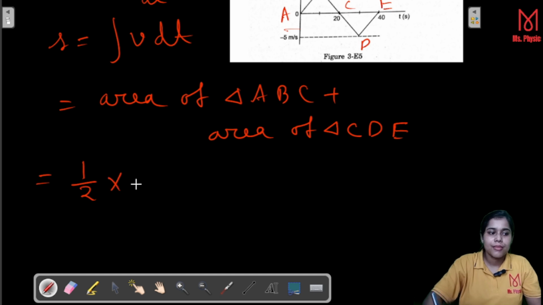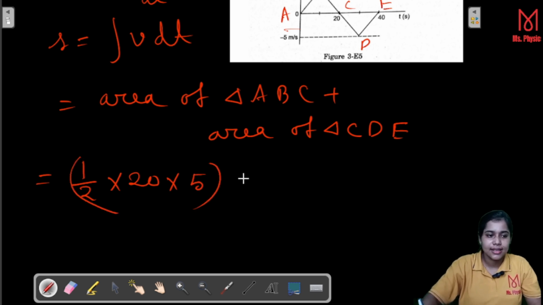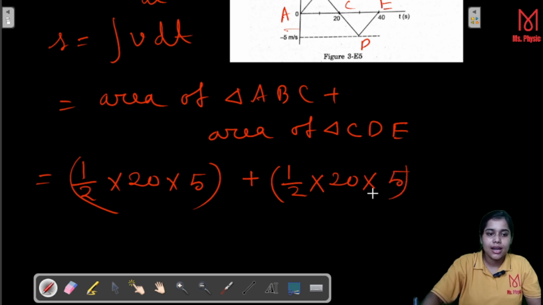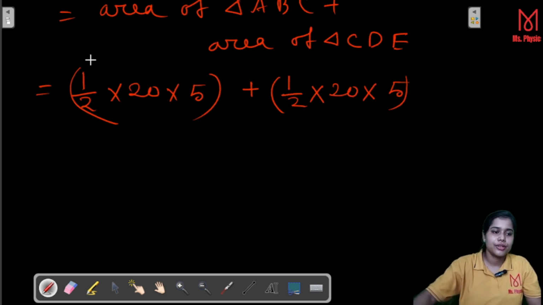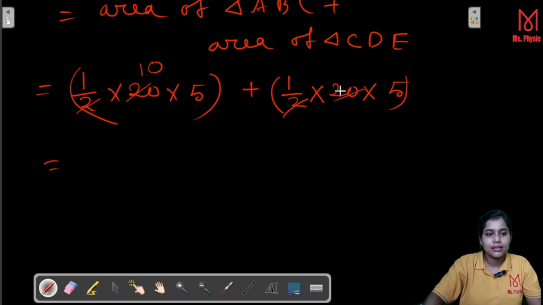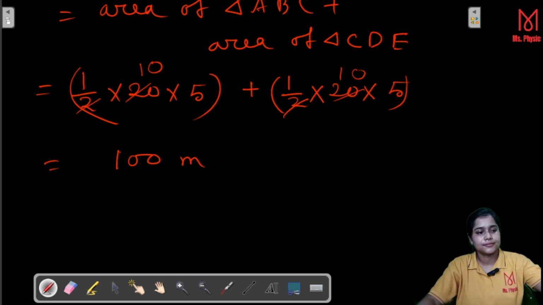Area means half multiplied with base, that is 20, multiplied with 5, that is height, plus half multiplied with 20 multiplied with 5. Here we don't consider the negative sign because this is distance, which is a scalar quantity. So we only consider the magnitude. So 50 plus 50 gives you 100 meter. So this is your total distance.